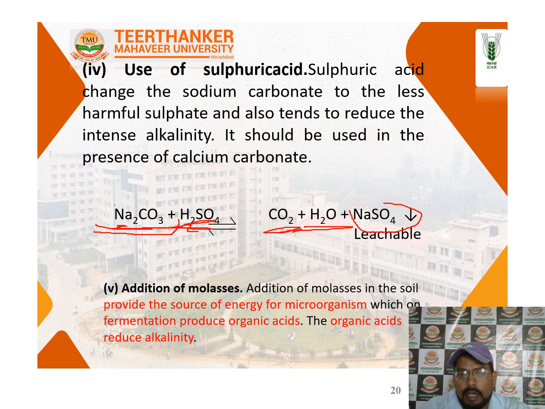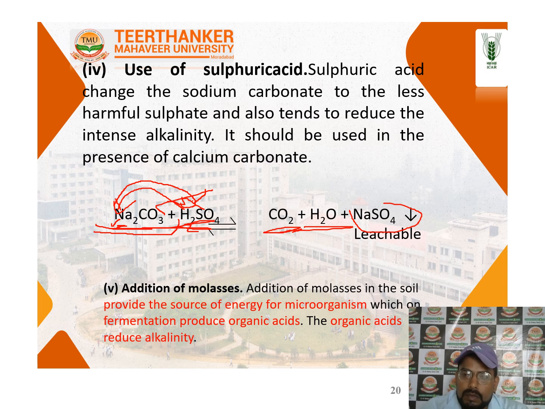In the lignin theory, this is the replacement of one cation by another cation, here H replacing Na. So we get sodium sulfate and H2O, the replacement of the cation by another cation, creating a soluble product.